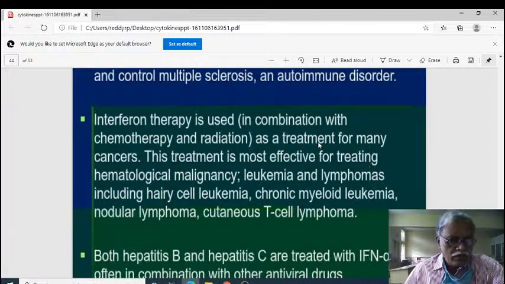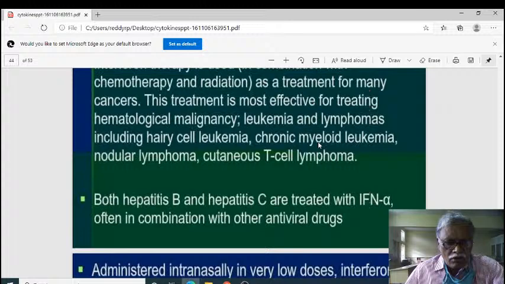This treatment is most effective for hematological malignancies, leukemias and lymphomas, including hairy cell leukemia, chronic myeloid leukemia, nodular lymphoma, and cutaneous T-cell lymphoma.